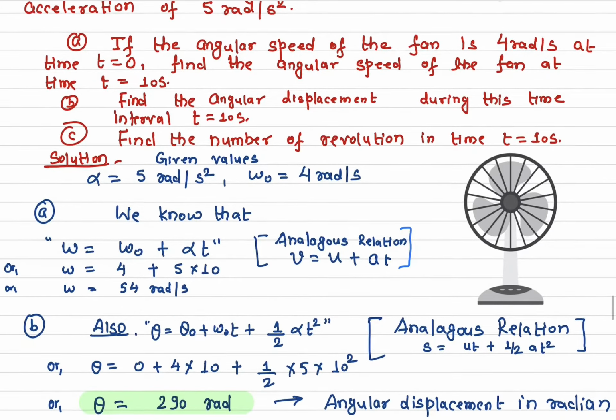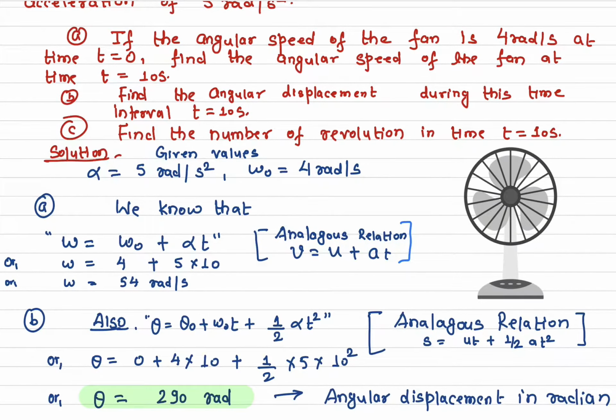So let's do it. The given values are alpha, which is the angular acceleration. Remember, this is just like a linear acceleration in linear dynamics. And omega naught is the initial angular speed, which is 4 radian per second.